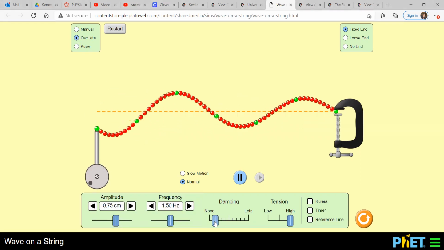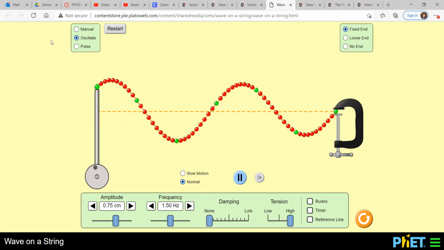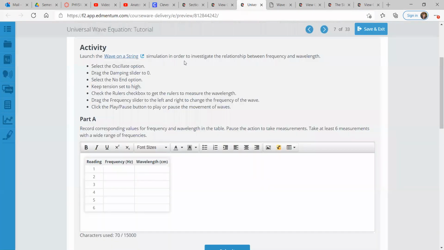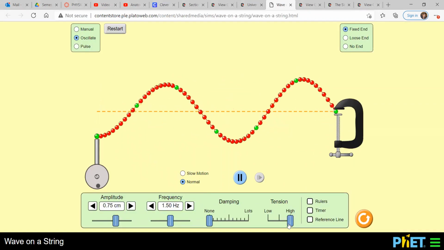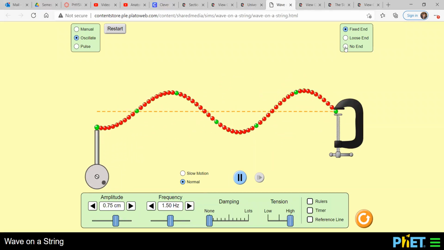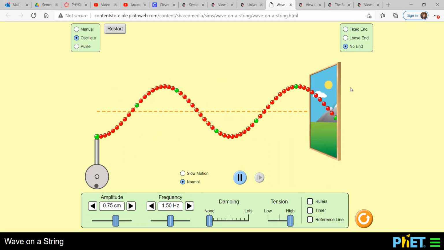We're gonna lower the damping to 0. So we click the oscillate option, drag the damping slider to 0, select the no end option. Keep tension set to high. So tension's already at high. We're gonna click no end up here in the upper right-hand corner. And so we're just gonna look at that wave go.